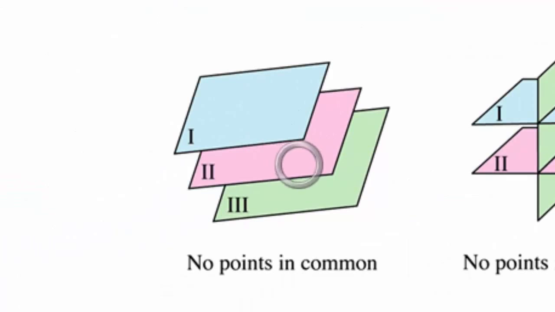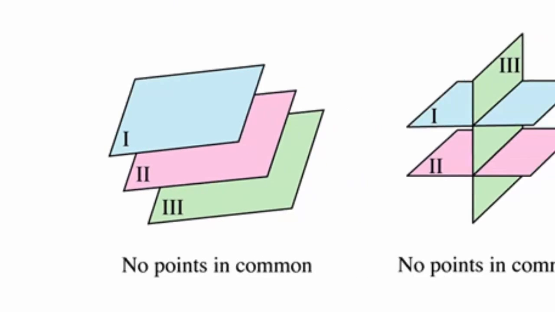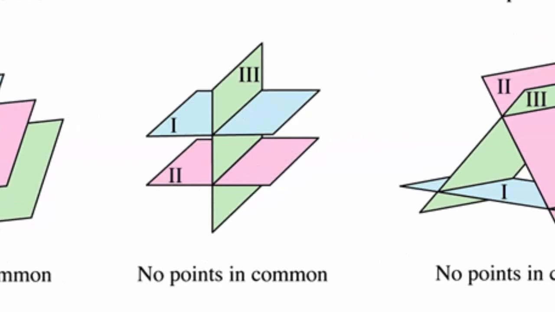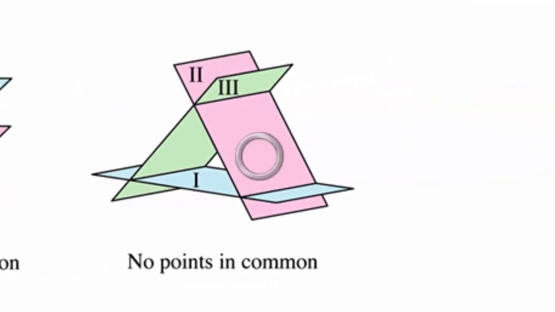Here you've got parallel planes, just like parallel lines, so no solution. Here you have two planes that are parallel, and one plane would cross each other. So there's no solution again because no points in common. Same thing here. Two planes intersect, but not all at the same time. So that means no point in common.